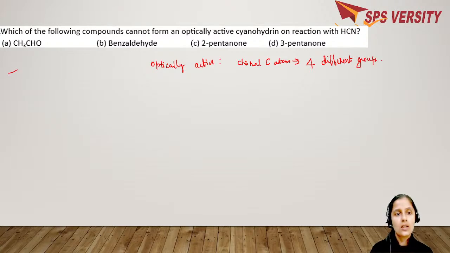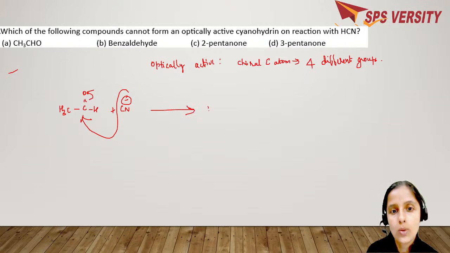So if you take CH3, CHO, when this is treated with hydrogen cyanide, CN minus is a nucleophile, this shifts here, and after hydrolysis you are going to get CH3, C, OH, H and CN. So this is attached to 4 different groups. This can give you the optically active compound.